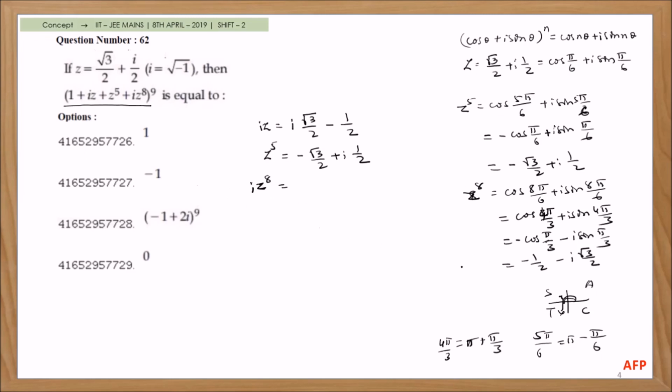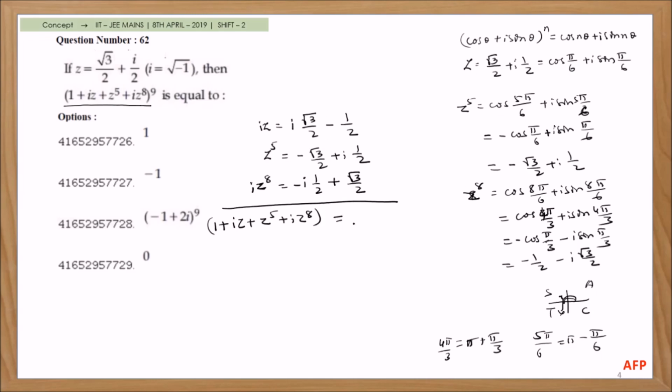Okay, so when I multiply by i here, so minus i 1 by 2, and here i square is minus 1, minus into minus is plus, so you will get root 3 by 2. Now we go for addition. So what value are we getting? 1 plus i into z plus z raised to 5 plus i into z raised to 8, this value we will find.